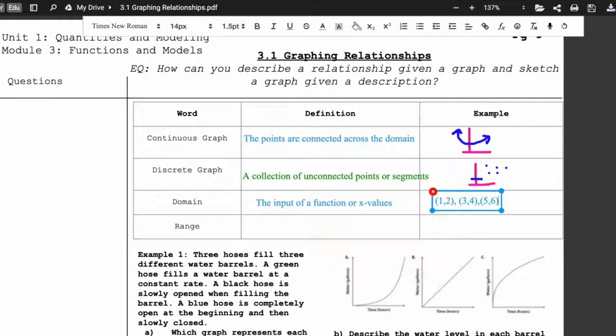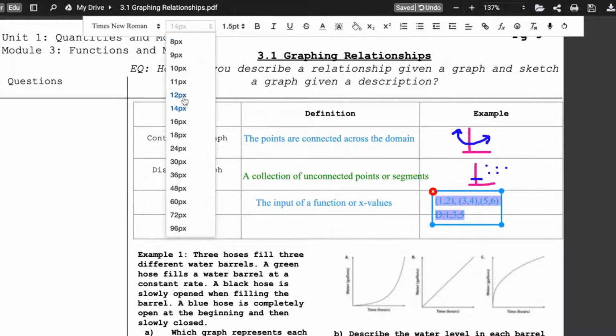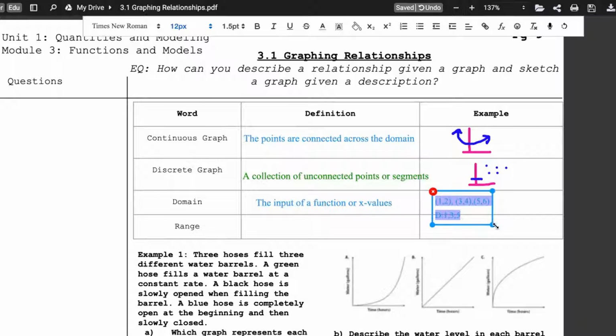Then the points and the domain values, we see D is going to be just the x value. So in this case, 1, 3, 5. So that is how we write the domain. I'm actually going to start making these smaller because we ain't got that much room. There we go. Nope, it's still going to be too big.